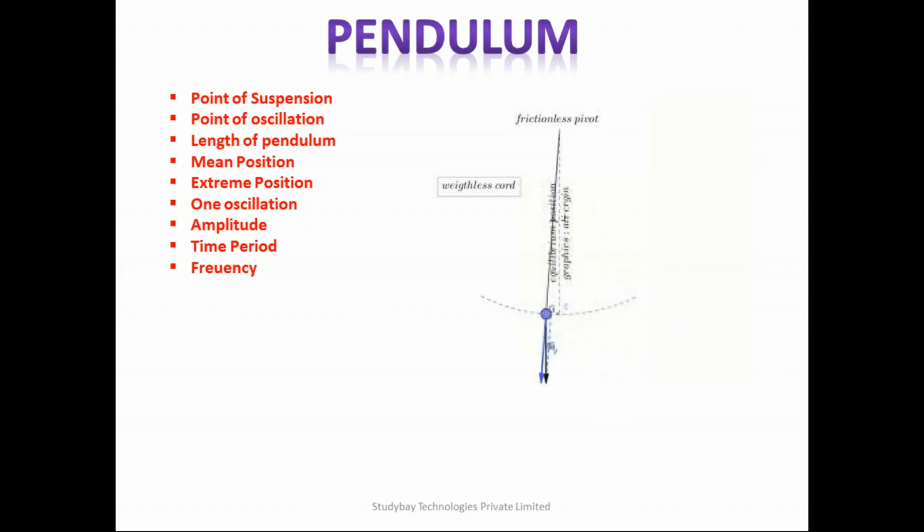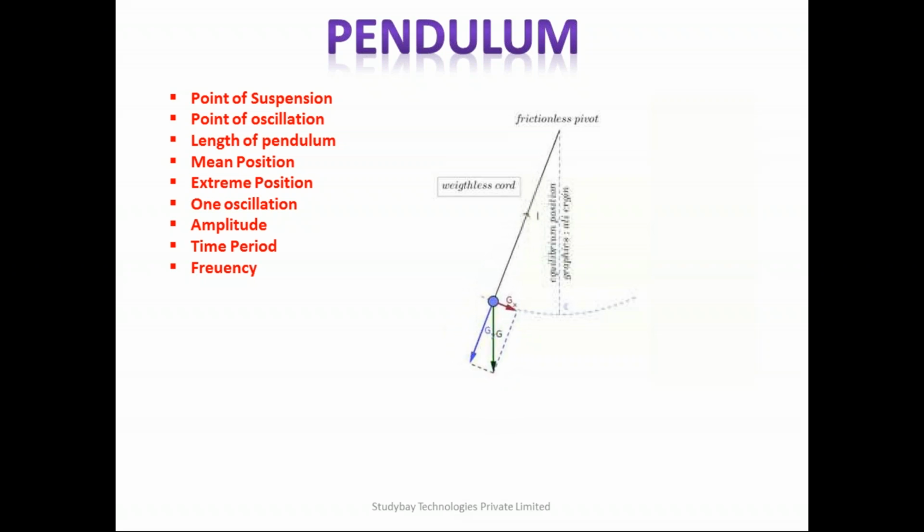Now we have extreme position. You can see that this bob touches the end and then it will start in the backward direction. That means the point of maximum distance from the mean position, from where the pendulum turns back. Okay. Now we have amplitude.